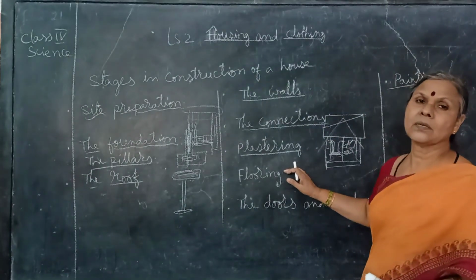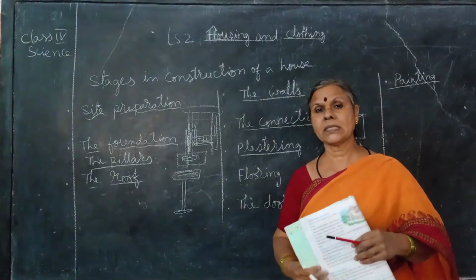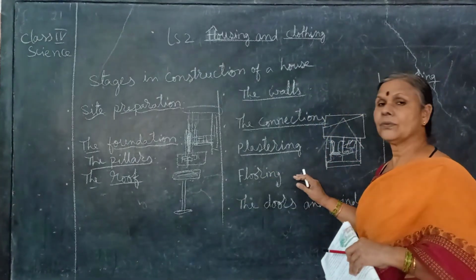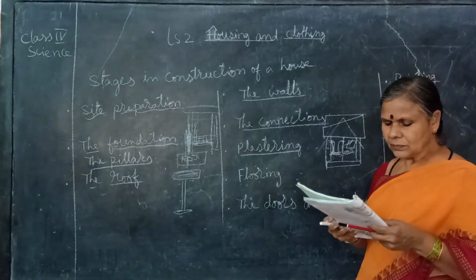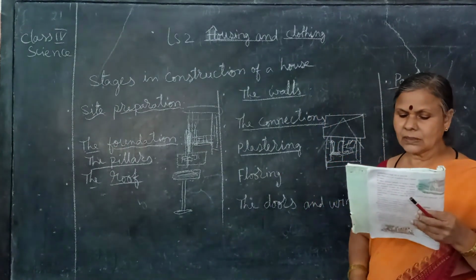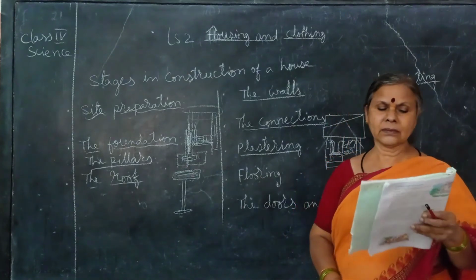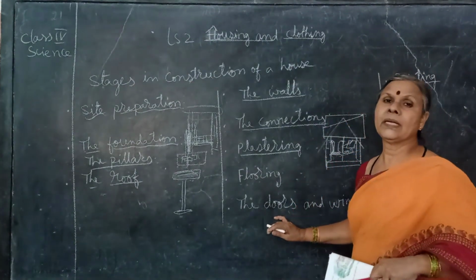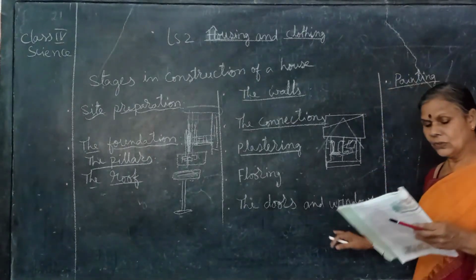Then next comes the flooring, whichever tiles or marbles we like. The flooring is first covered with cement and then the tiles are laid. Then the doors and windows.